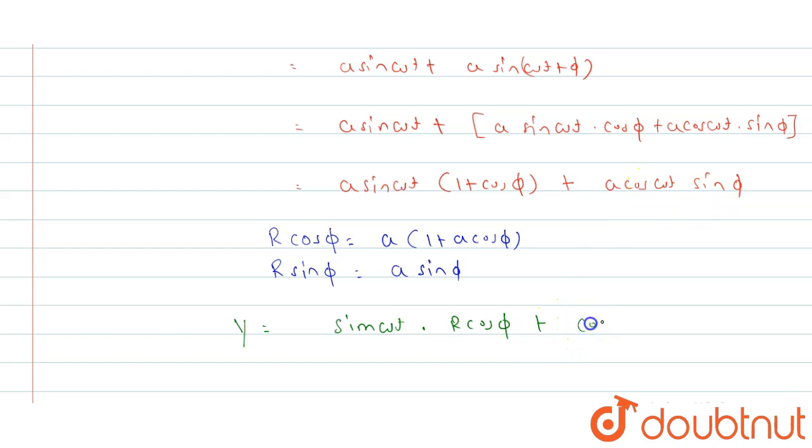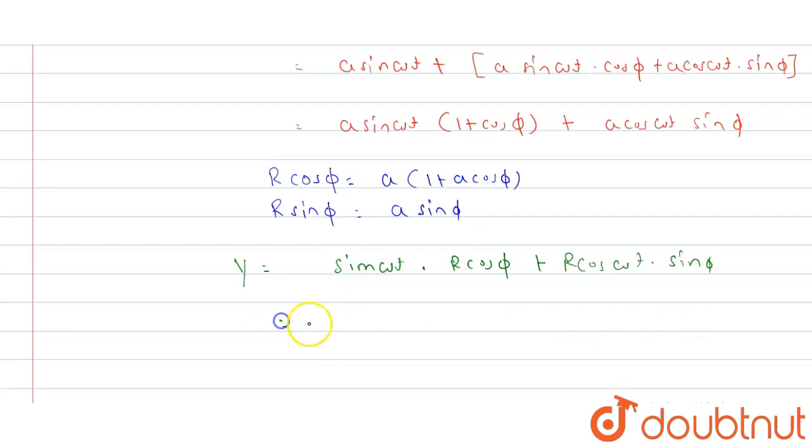So this is cos omega t, R cos omega t into sine of phi. Now taking common R, we get sine omega t cos phi plus cos omega t sine phi. This is students sine of omega t plus phi.